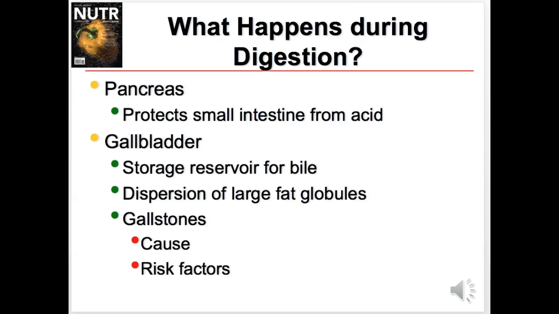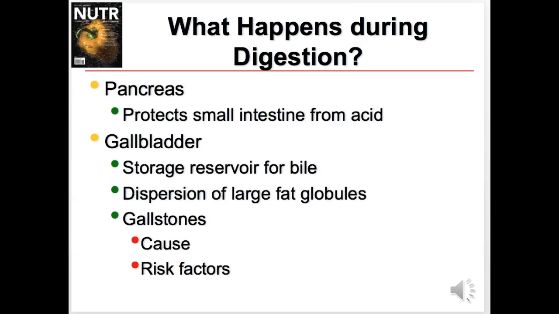So the gallbladder's primary function is to store that concentrated bile, and it also stores a yellow-brownish digestive fluid, and actually that comes from the liver. It's important to remember that the gallbladder is part of the biliary tract.